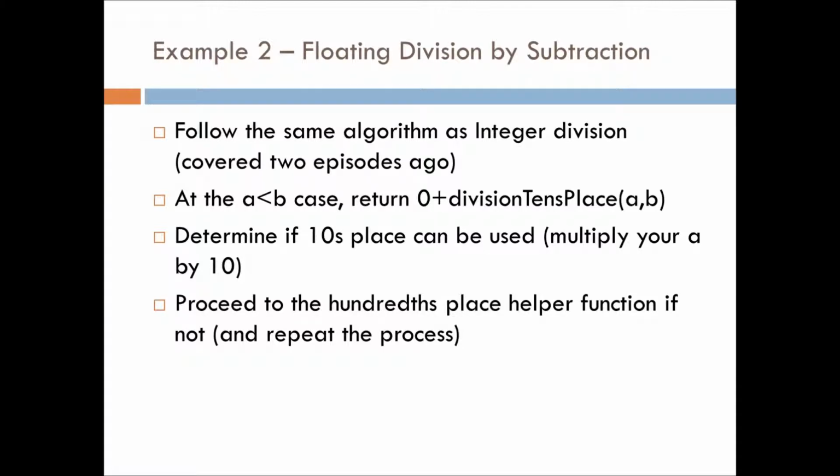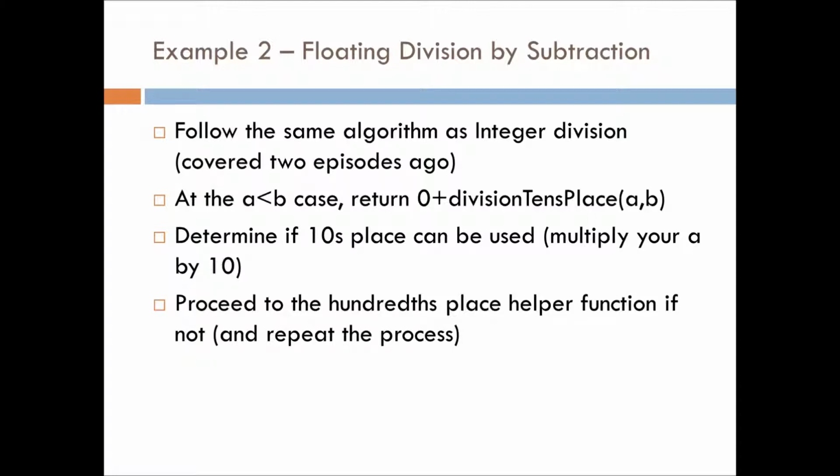Instead, you're going to go to the division tens place, and your A value, yeah, I think it's your A value, is going to be multiplied by 10, so you can keep on going. You do the same algorithm in the tens place, except instead of adding 1 or 0, you're going to add 0.1 or 0.